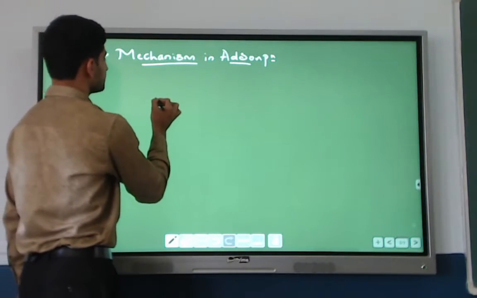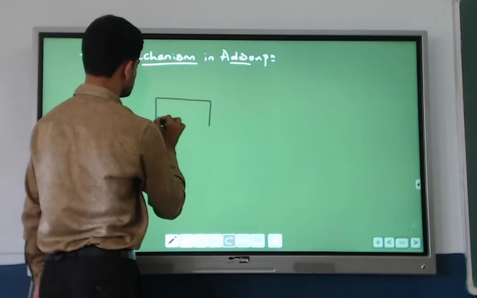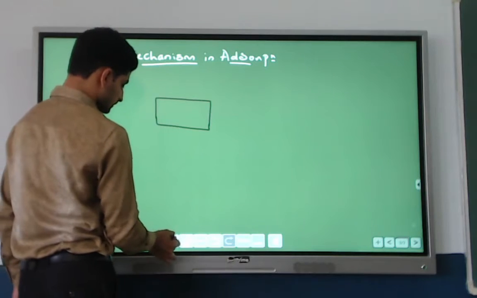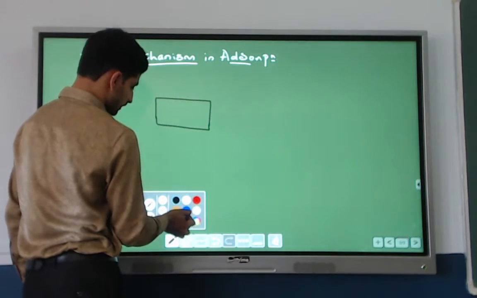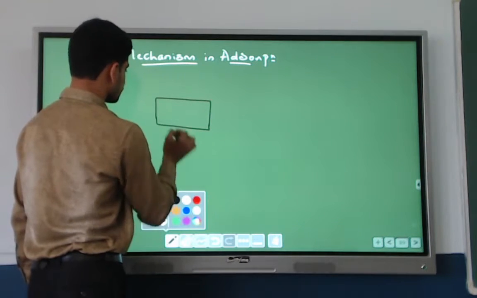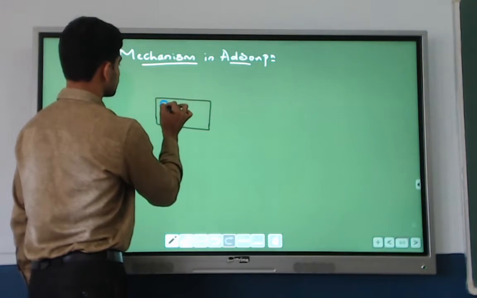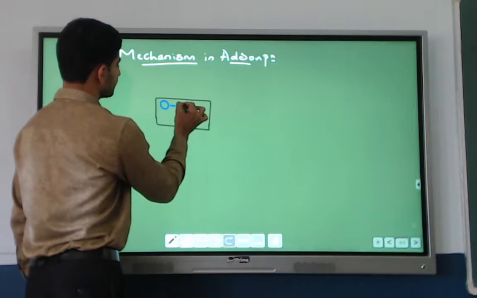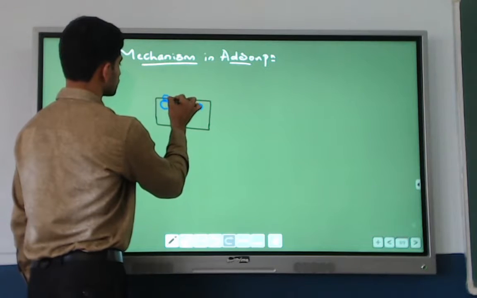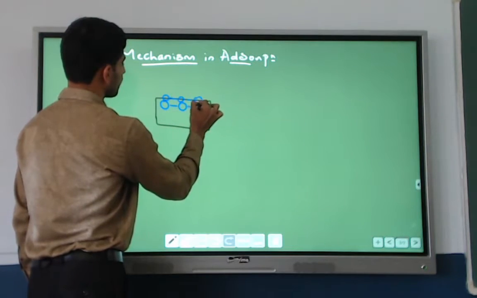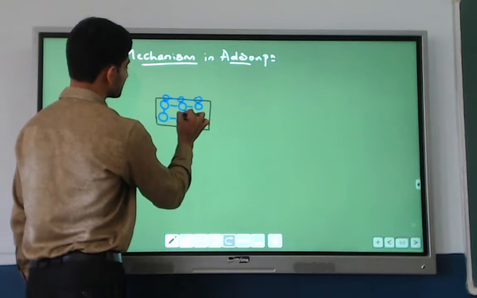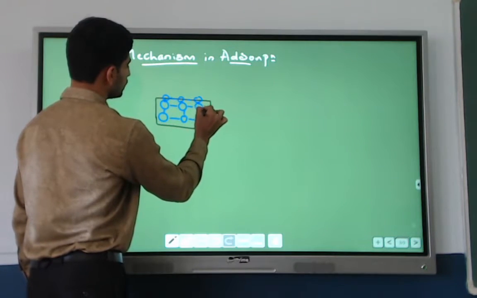Say I am considering a liquid solution. The liquid molecules available on the surface, and all these liquid molecules, are surrounded by the same type of molecules.